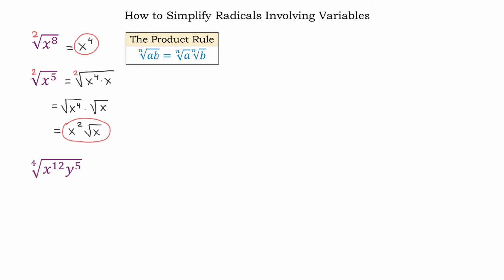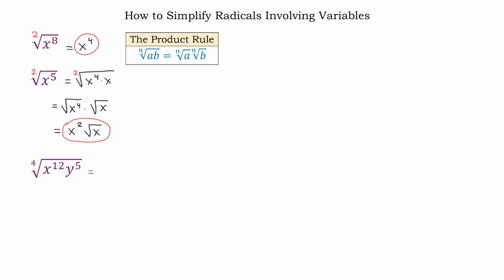Next, we will simplify the 4th root of x to the 12th power times y to the 5th power. Just like in the previous examples, we want the exponents to divide by the index. 12 divides by 4, but 5 doesn't.